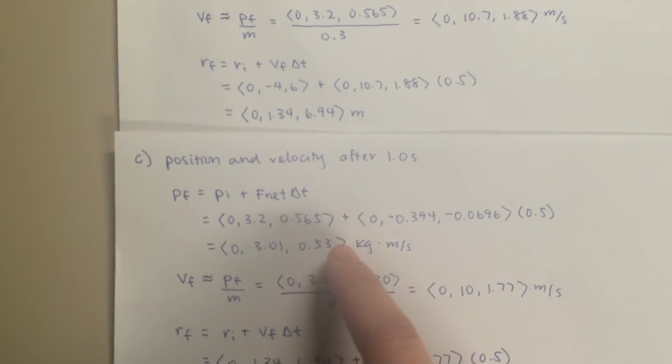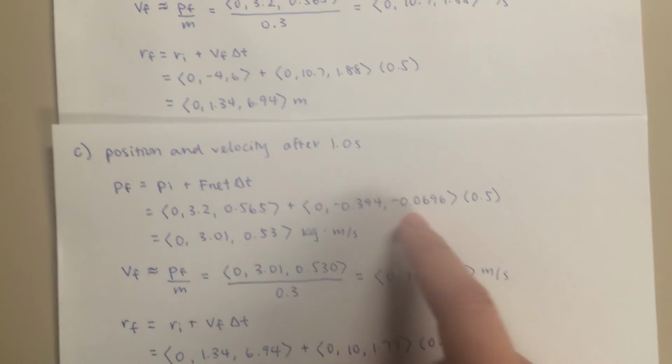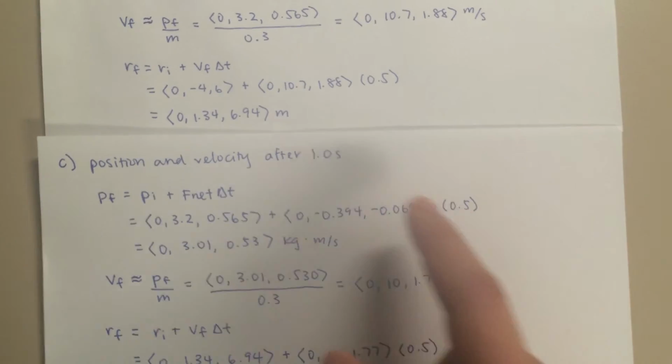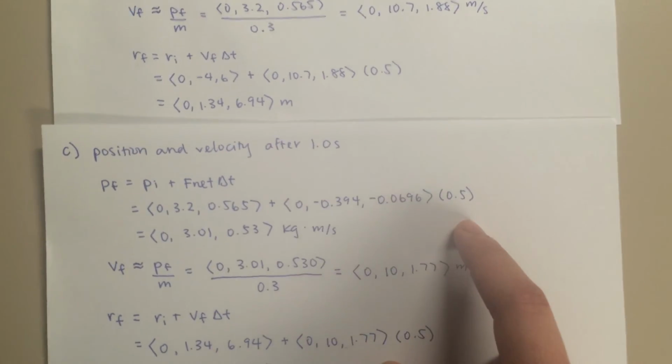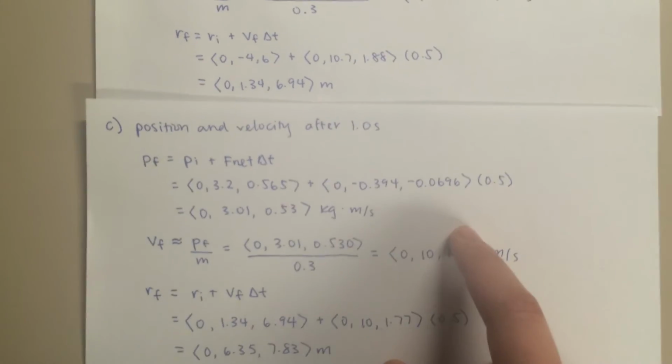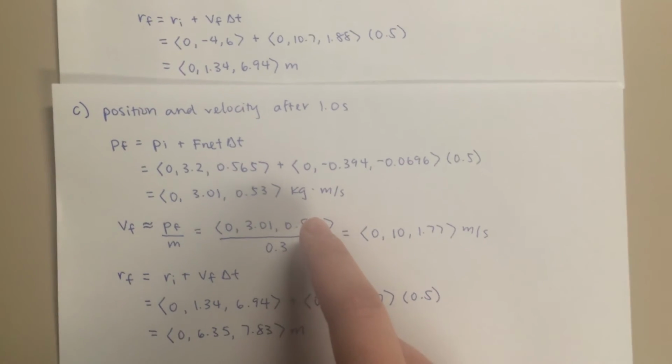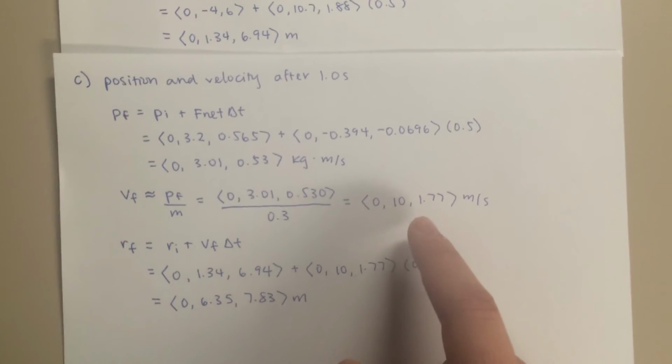The F net is still the same since nothing's changed, and the delta t is 0.5 again, since it's a difference of half a second. After those calculations, we get 0, 3.01, 0.53 kilograms meters per second.